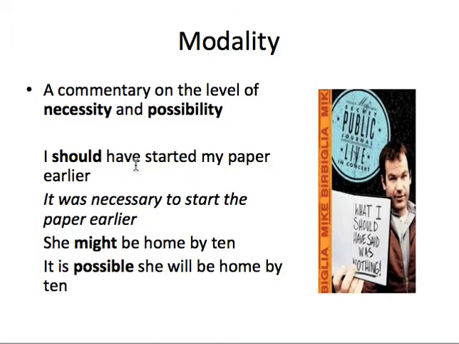She might be home by 10. Again, it's expressing the possibility, based upon what you know about her schedule, that she could be home by 10. So the first one is what we call deontic modality. The second one is what we call epistemic.